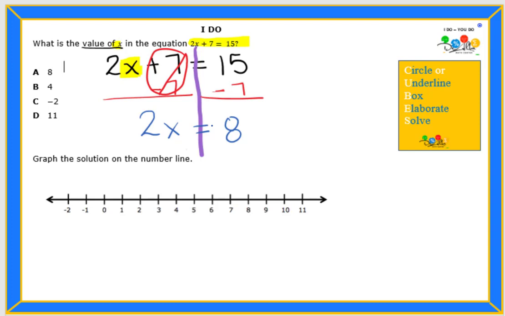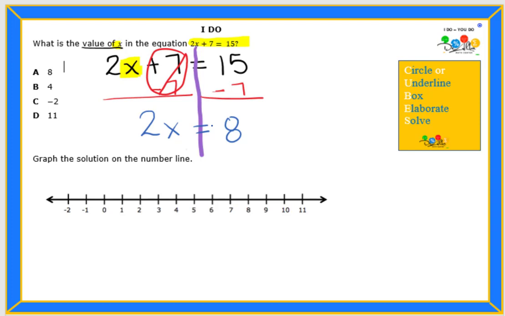So now we're on the step where 2 is being multiplied by x. And 2 times something gives us 8. This is easy for us right now. We can probably guess 2 times 4 gives me 8. But sometimes, especially when we're working with fraction or decimal numbers, it's not that easy. So it's important for us to practice and understand the process.